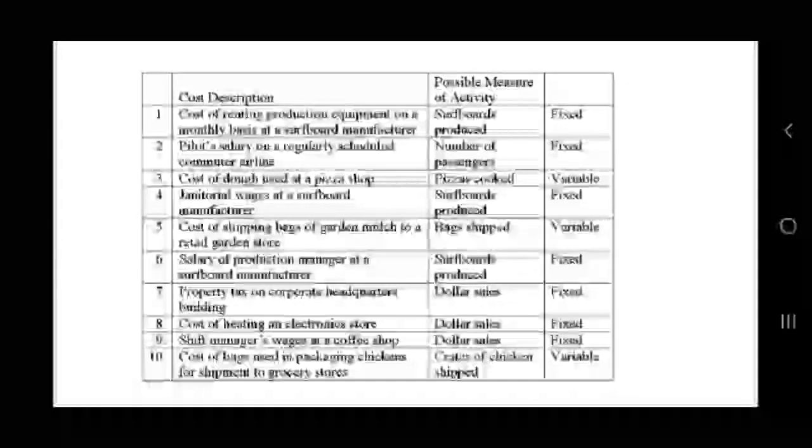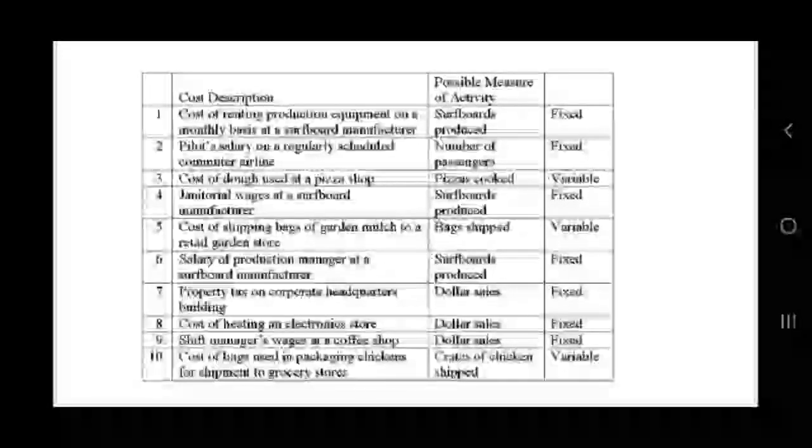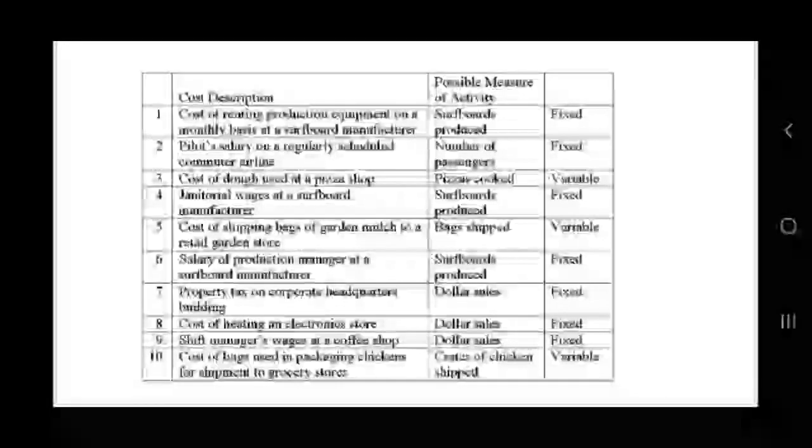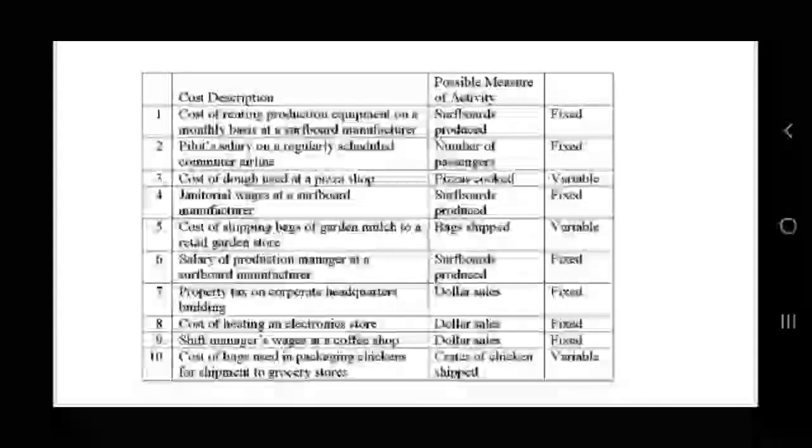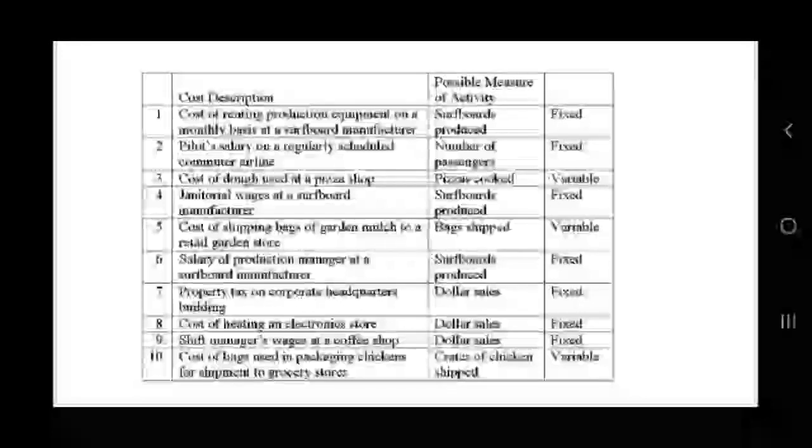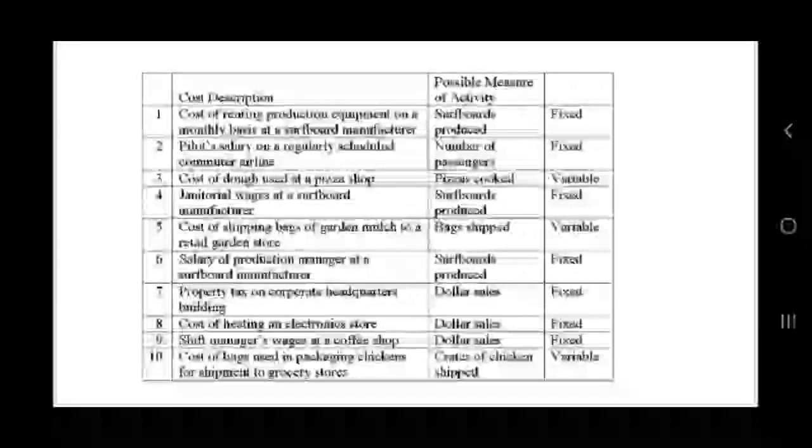The typical example of fixed cost is rental. If you have a factory, you rent the factory every month. Let's say you pay $10,000. So it is fixed. You produce one product or 10 products or 1,000 or 10,000 products. The rental is fixed. So that is an example of a fixed cost.